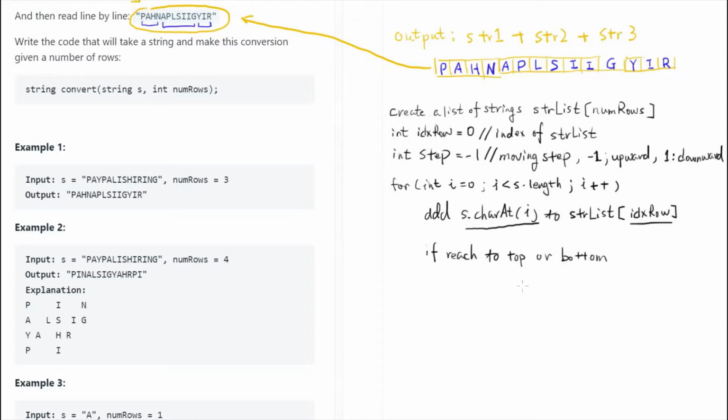If it's at the top or bottom, we're going to flip the moving direction. The way we flip the moving direction is by changing the sign of the step. And the next step is we'll move the row index.